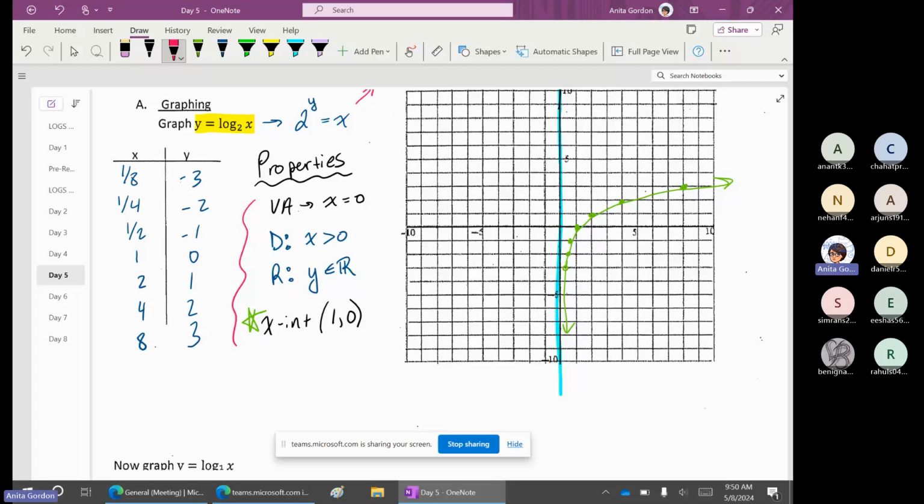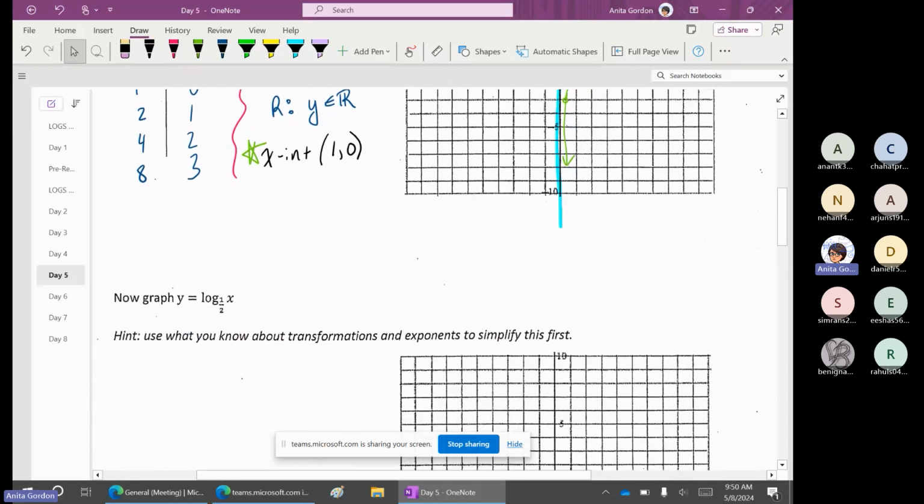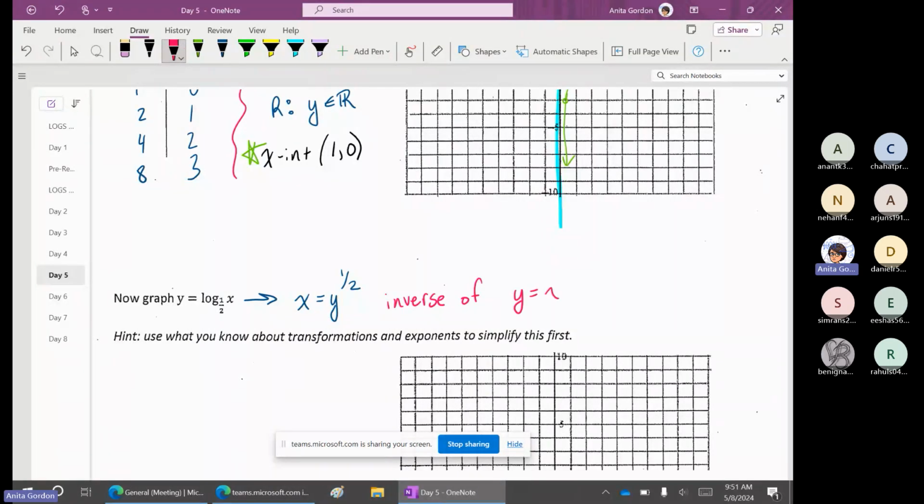Okay, so now what happens when we do the inverse of a fraction base? This is the same as saying x equals y to the 1/2, which is the inverse of y equals 1/2 to the x. 1/2 is the base, x is the exponent, which is again the same thing as 2 to the negative x.